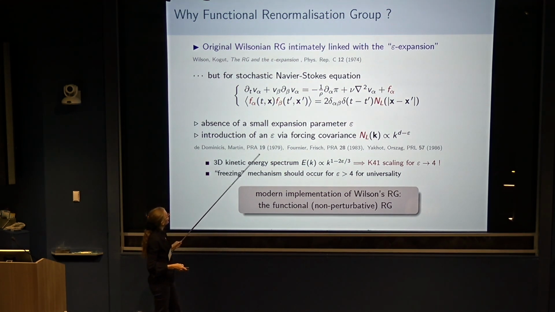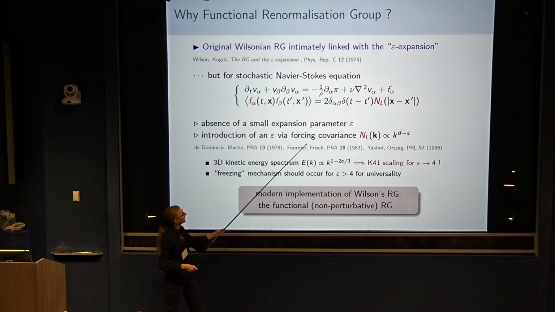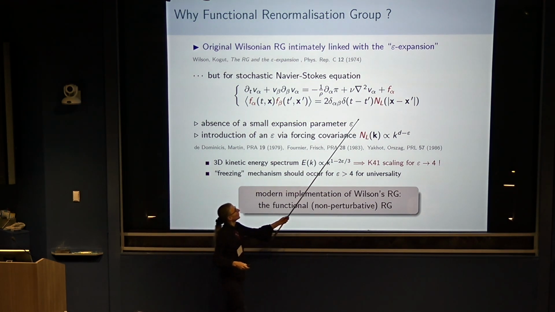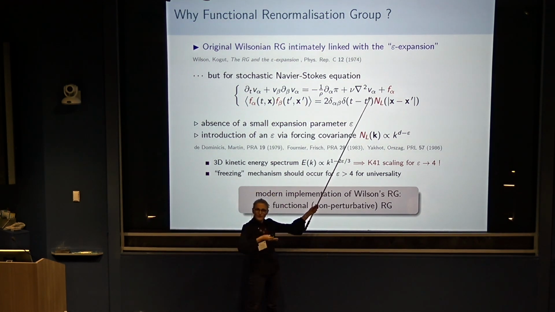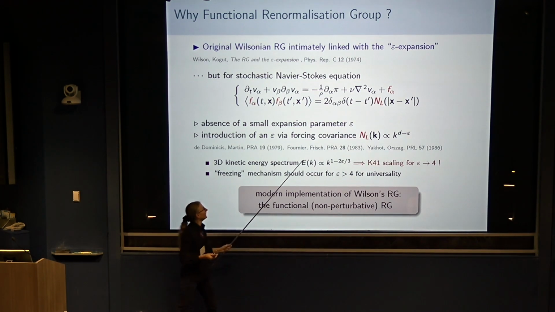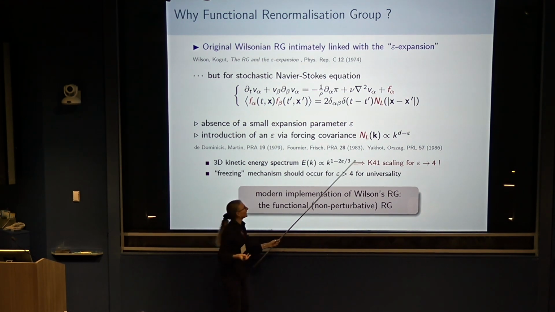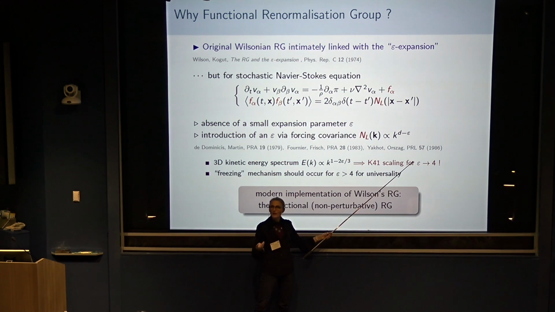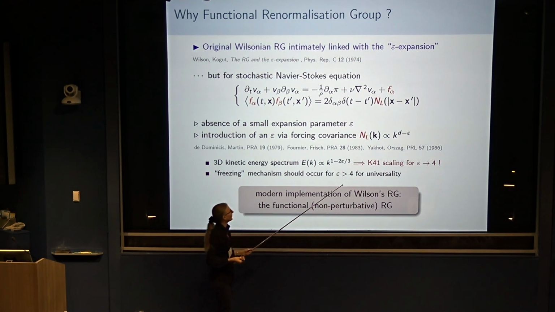And so the way to circumvent that was to introduce a small parameter via the forcing covariance. So instead of having it concentrated at the integral scale, you put it as a power law. But if you do that, you obtain a spectrum which is epsilon dependent, and K41 scaling is recovered for a very large value of epsilon, so we can question the validity of this expansion.